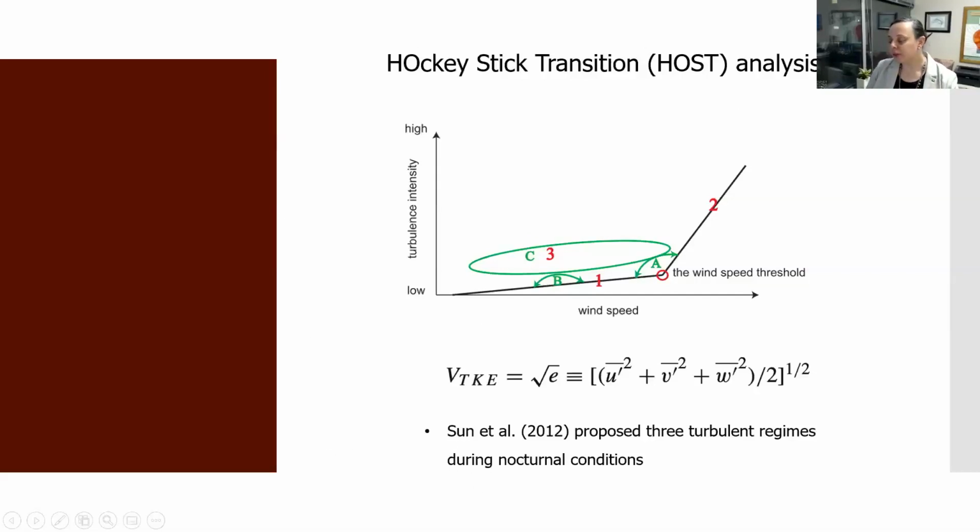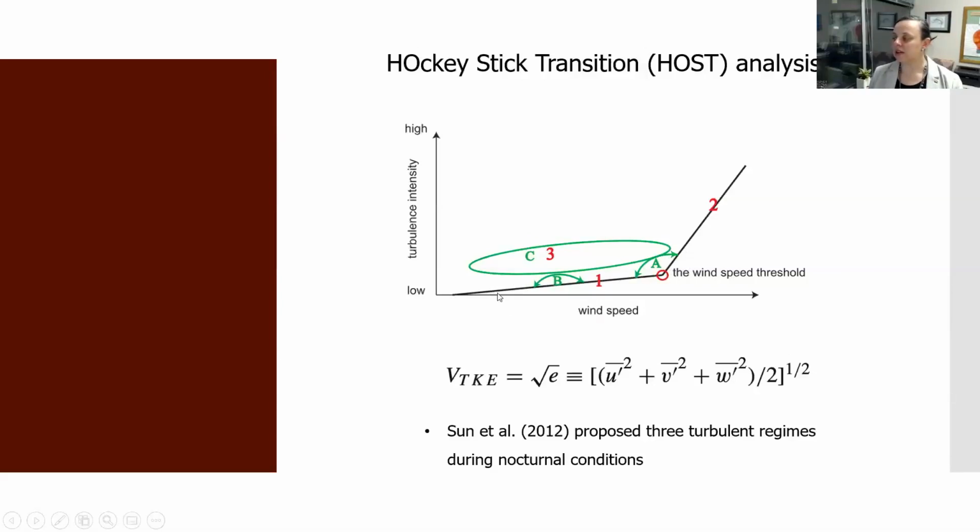For those of you not familiar, this comes from Jielun Sun's work, where she has proposed these 3 different turbulent regimes during nocturnal conditions. And what it's saying is that as wind speed increases, turbulence intensity increases, but that it increases in 3 different ways.